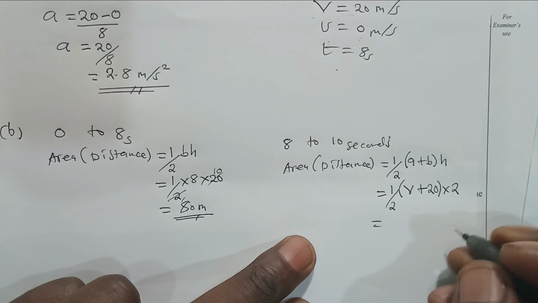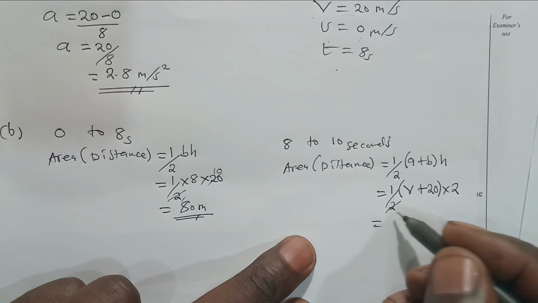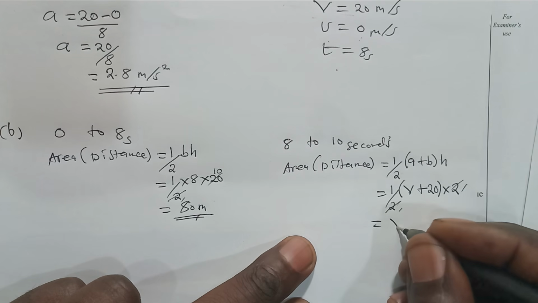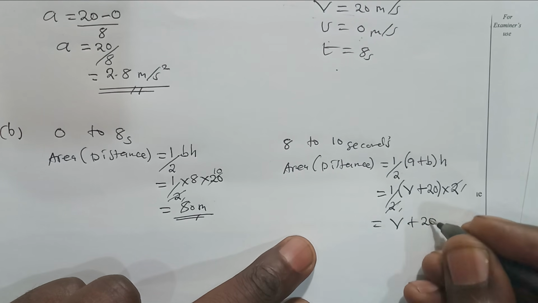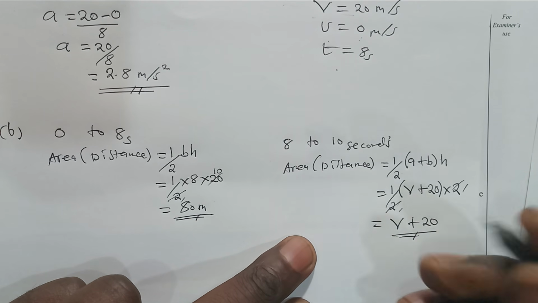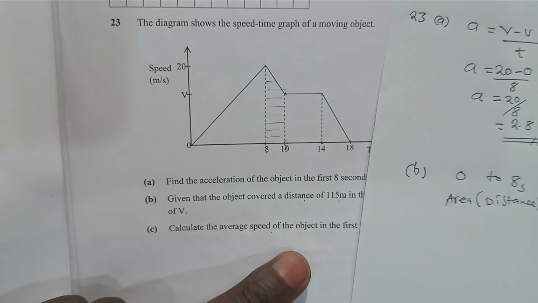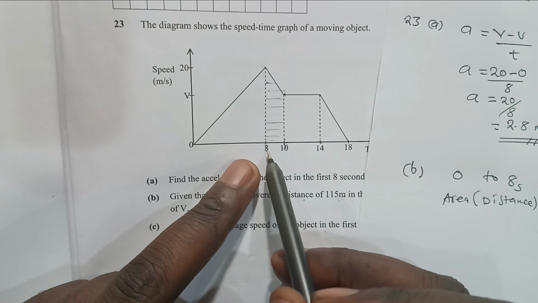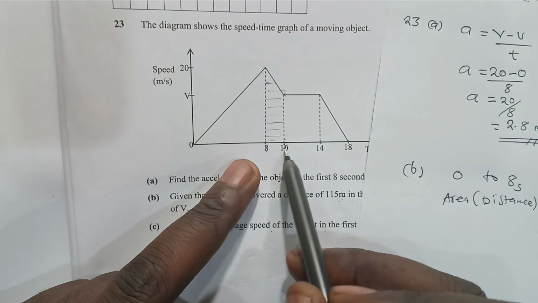So this is going to come to 1, 1, so we remain with the V plus 20. This is the distance when time is between 8 to 10 seconds.